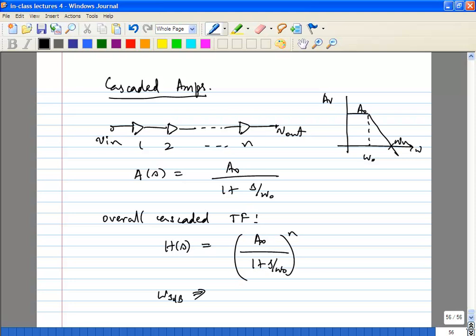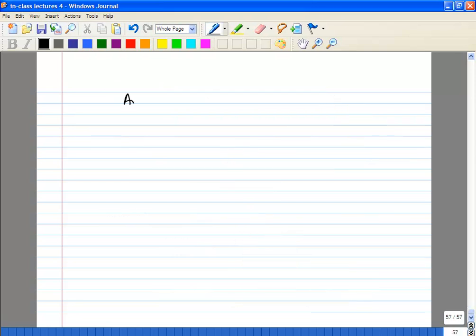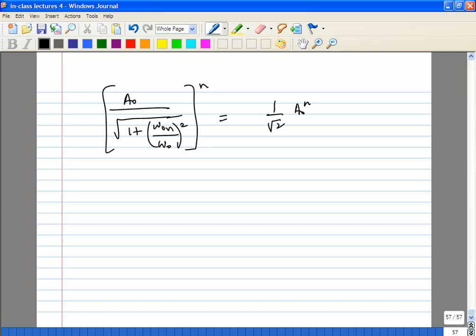How do you find this out? You just take H of j omega and equate it to 1 over root 2 times H of 0. You're going to do the same thing for this. So let's call the 3 dB bandwidth omega naught n, whole power n.